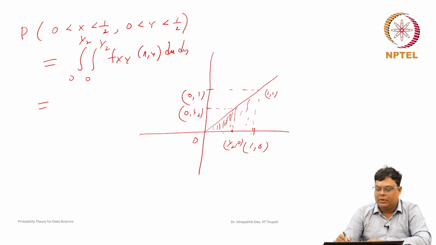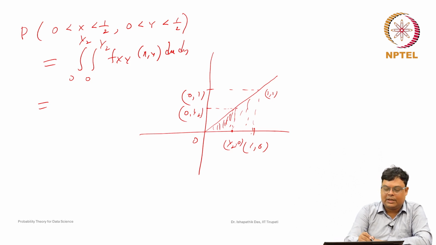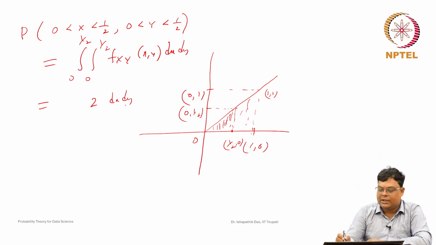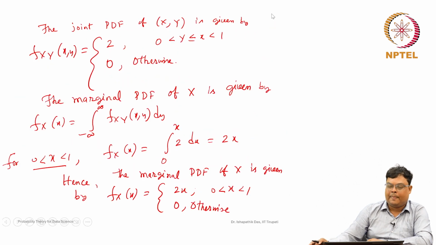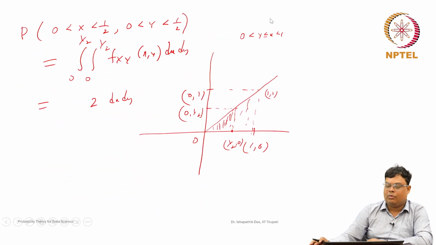Now this density function will be 2 dx dy. For simplicity, this density function is non-zero in the region 0 < y ≤ x < 1, and it is equal to 2 in this region.